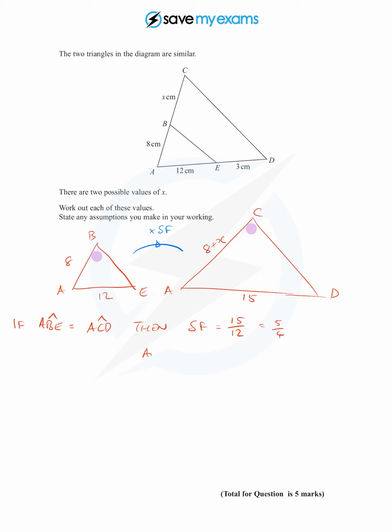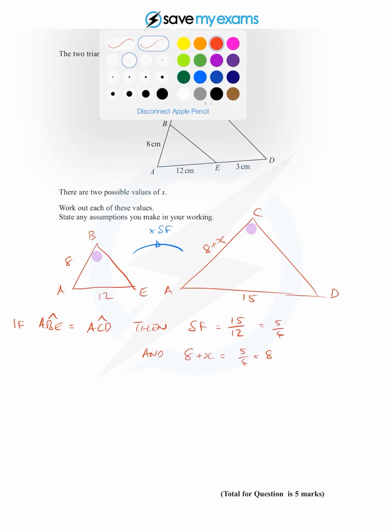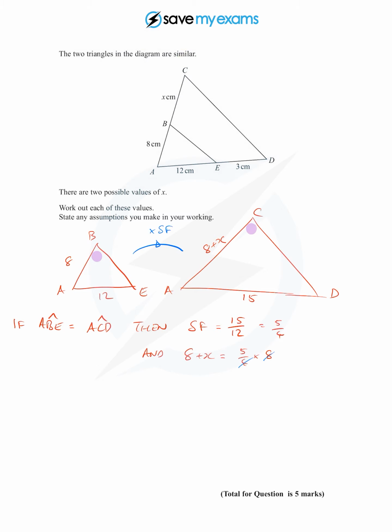And that would mean that AC, being the equivalent side to AB, would be 5 over 4 times as long. Okay, so that would be 8 plus X is 5 over 4 times 8. And that doesn't take long to sort out. Let's do some cancelling.